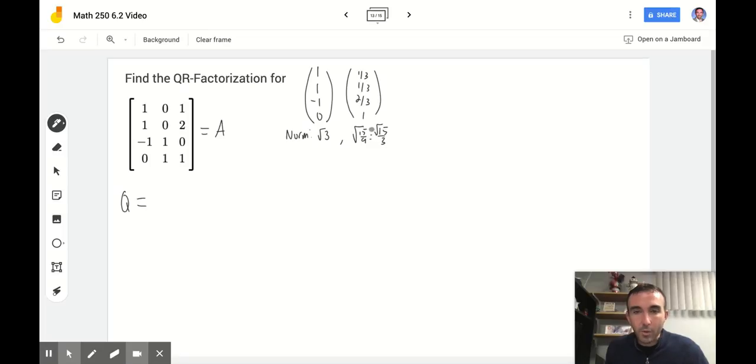So we have to divide each term by that, which is the same thing as multiplying by 3 over radical 15. And then for the last vector, that one was -2/5, 3/5, 1/5, and -1/5.